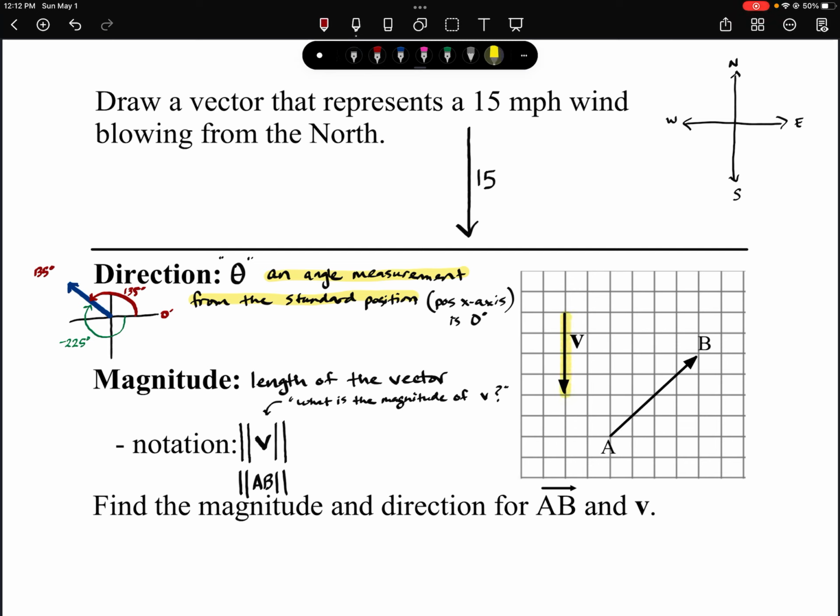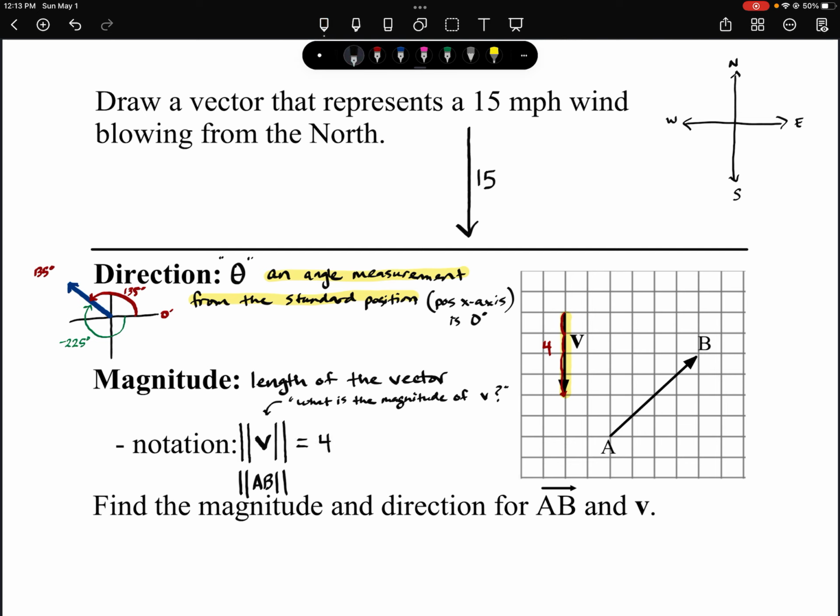When it's just a vertical vector here, it doesn't have any horizontal influence on it. It's not going left or right. It's just going up or down. That makes it easy because we can just count. Ready? 1, 2, 3, 4. It's going down 4 units. So our magnitude for vector v would be 4.